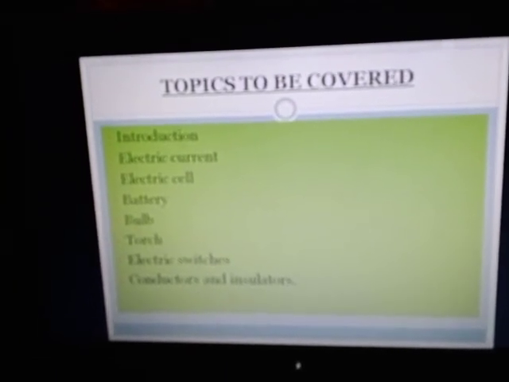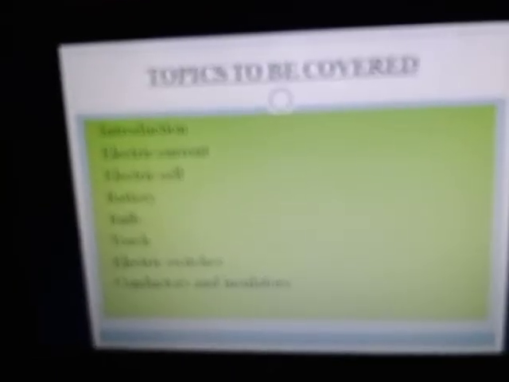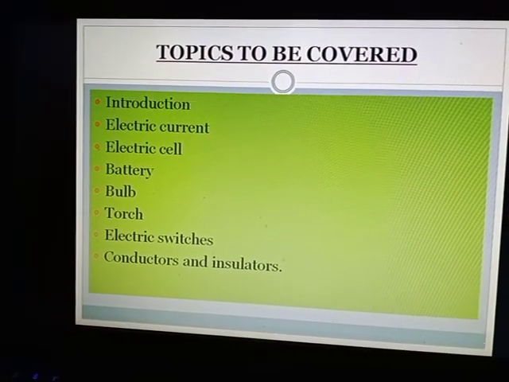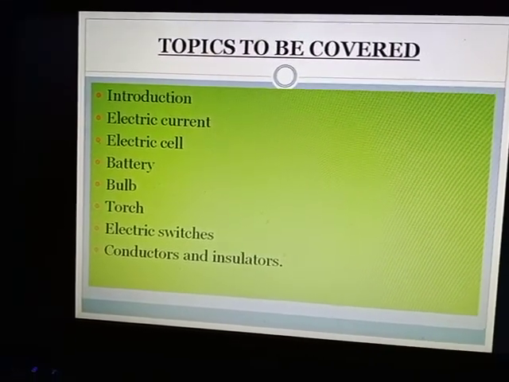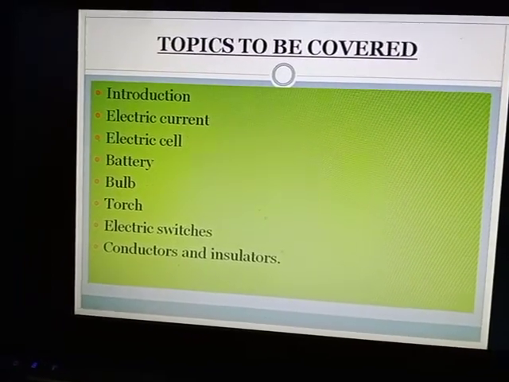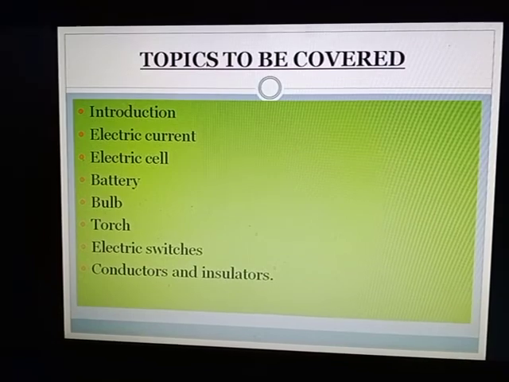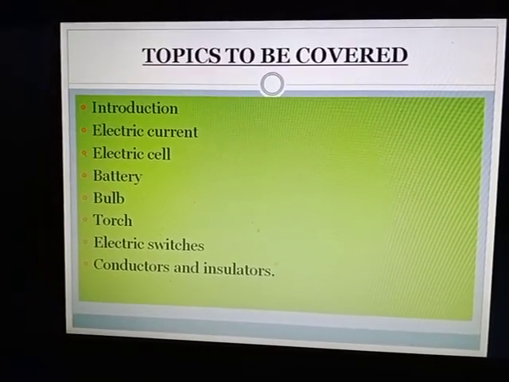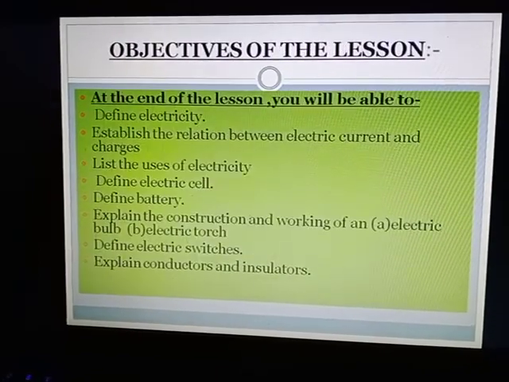Topics to be covered are: introduction, electric current, electric cell, battery, bulb, torch, electric switches, conductors and insulators.